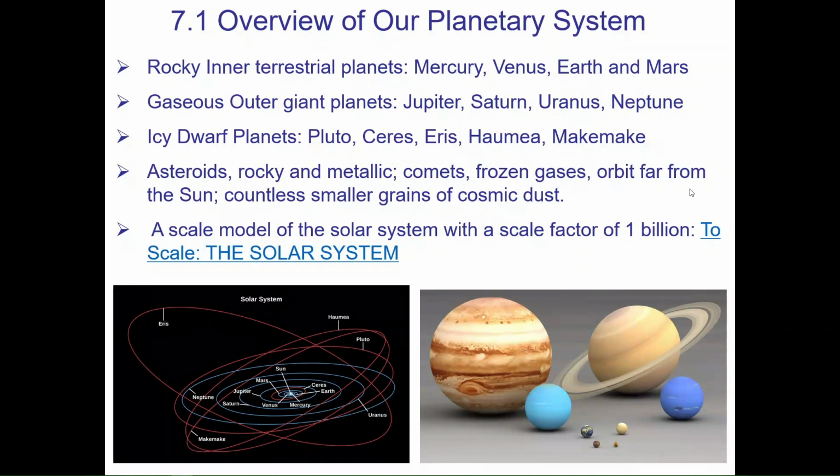Comets usually orbit far from the sun, and usually come from the outer layer of the solar system, for example, the Oort cloud. And of course, other than asteroids and comets, we also have countless smaller grains of cosmic dust that is very, very small.